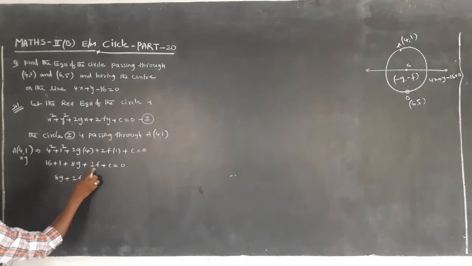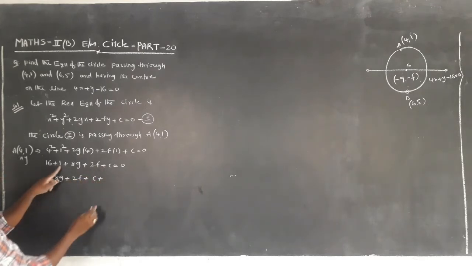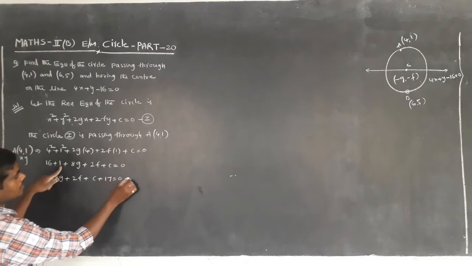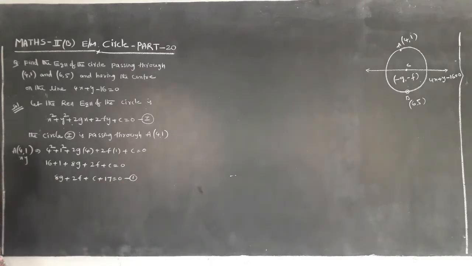So 8g plus 2f plus c plus 16 plus 1, 17, is equal to 0. This is equation number 1.